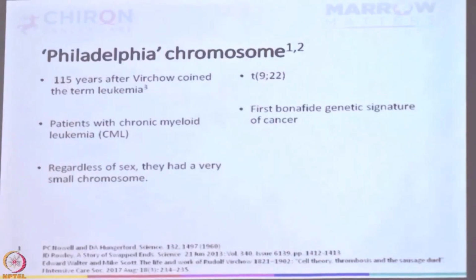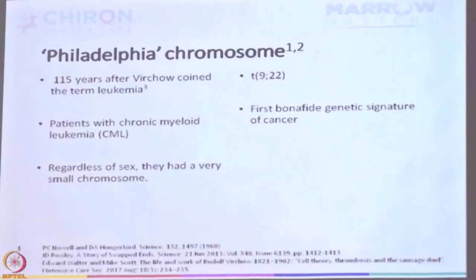Chromosomes are affected by disease and they become small, right. But when Nowell and Hungerford reported this, they realized that 6-7 patients of CML had a small chromosome. So, is the disease making it small, or is the chromosomal abnormality creating the disease?